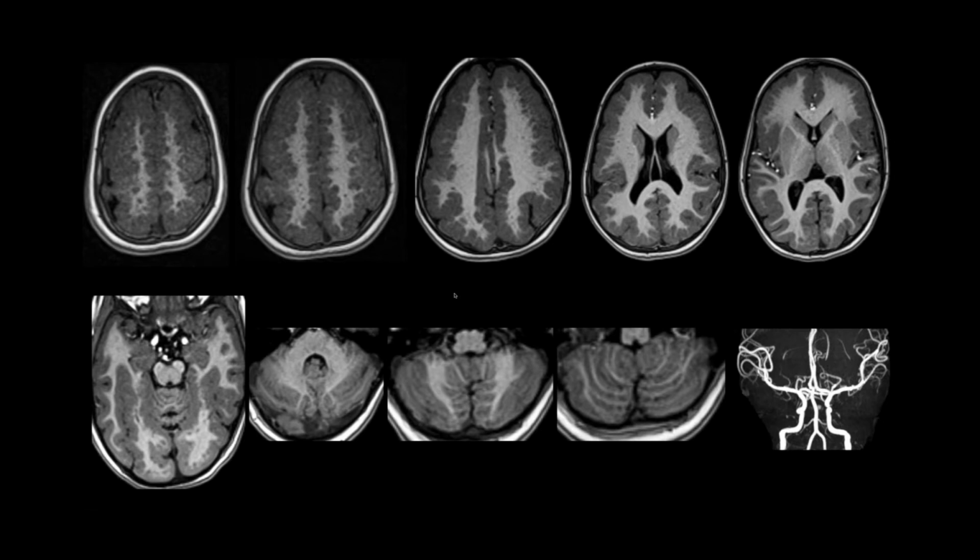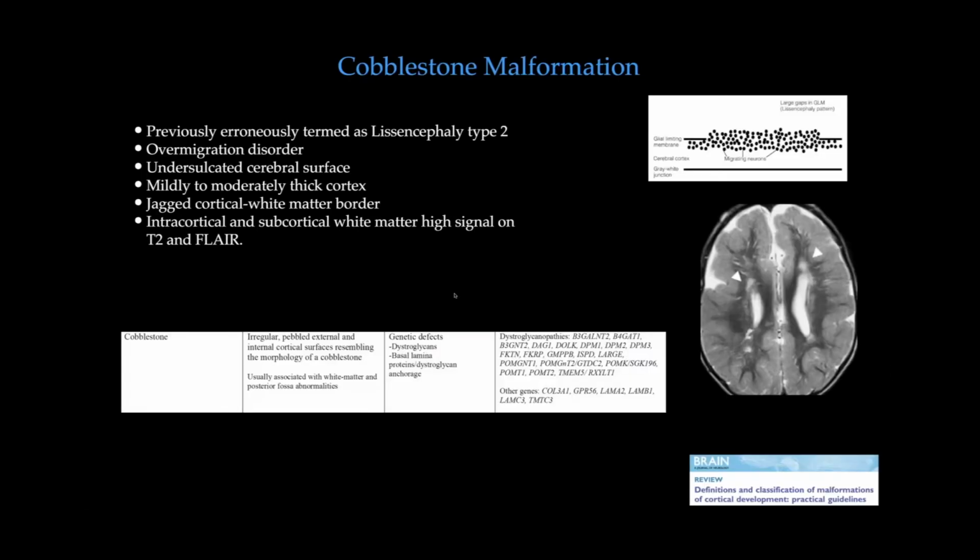Okay. So it's actually cobblestone malformations. They slightly differ from polymicrogyria, whereas the gap is slightly larger than the polymicrogyric cortex, resulting in this typical jagged appearance of the cortex with these intracortical and subcortical hyperintensities.